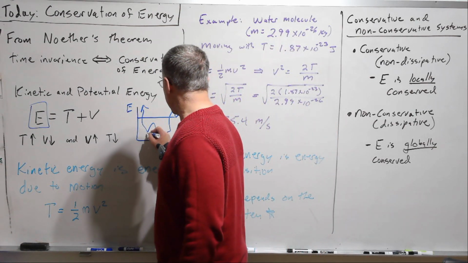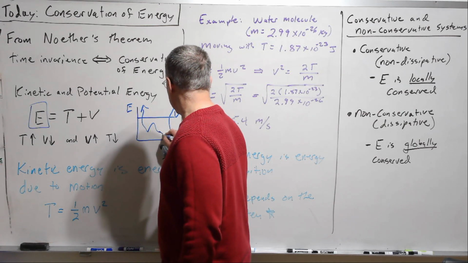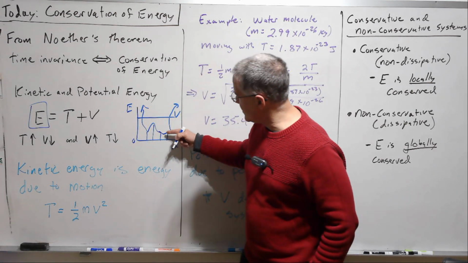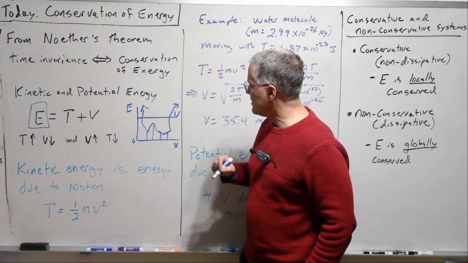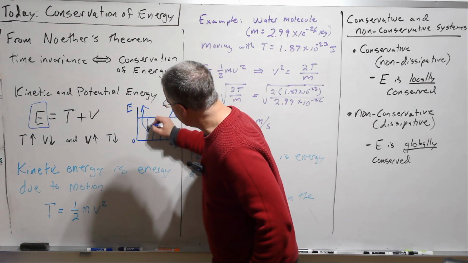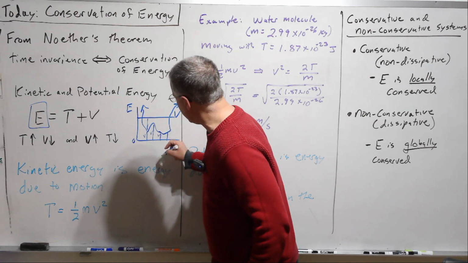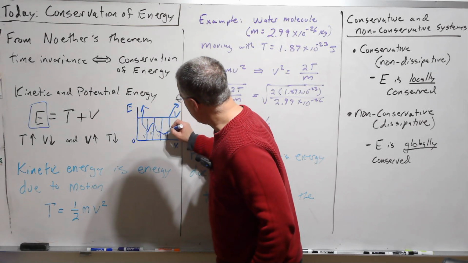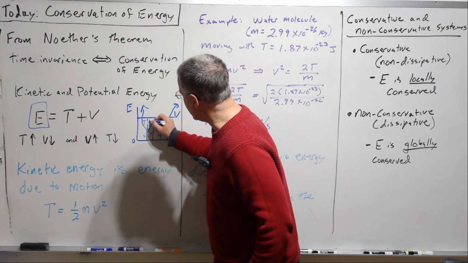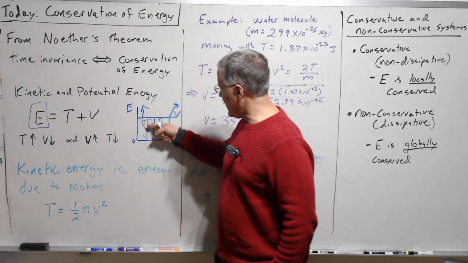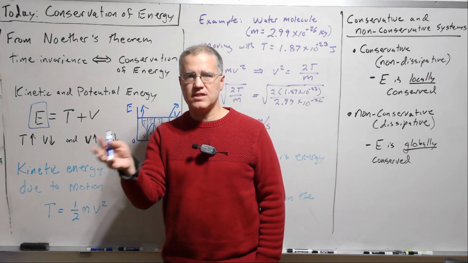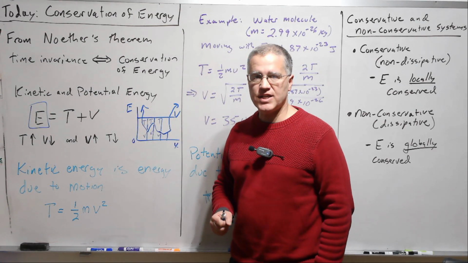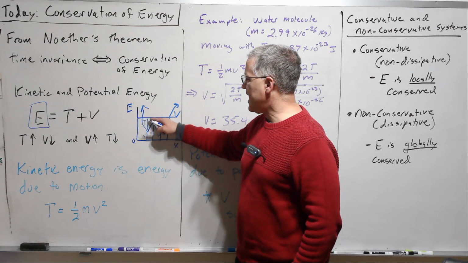Well, the potential energy at any given position is up to the graph, and then from the graph, this is the potential energy at any given position, then here is the kinetic energy. So at any given position of this particle in the system, it has a certain amount of potential energy and a certain amount of kinetic energy, and they must add to the total energy.